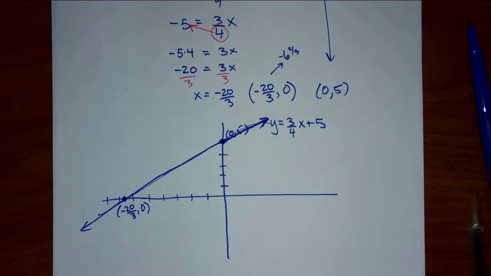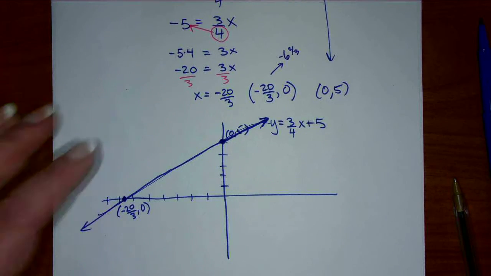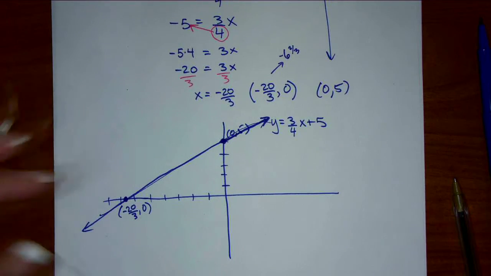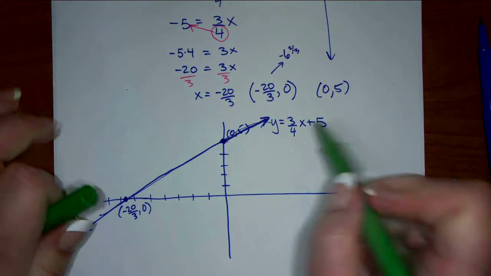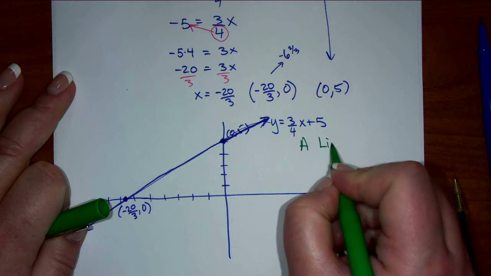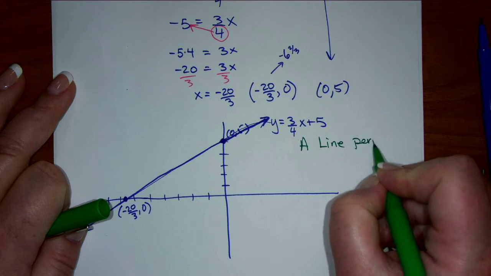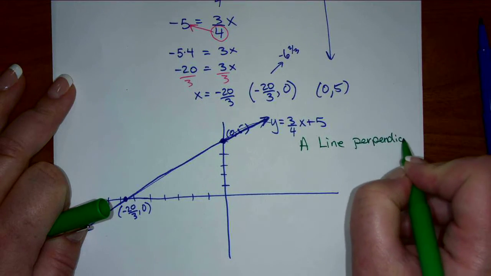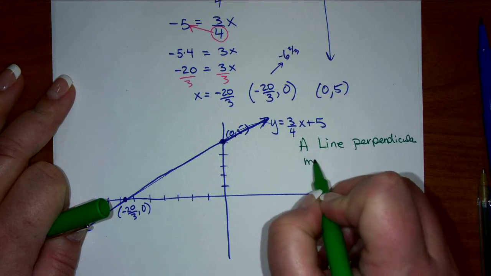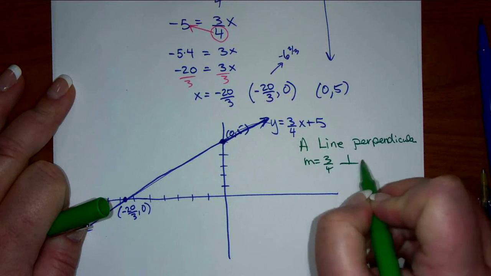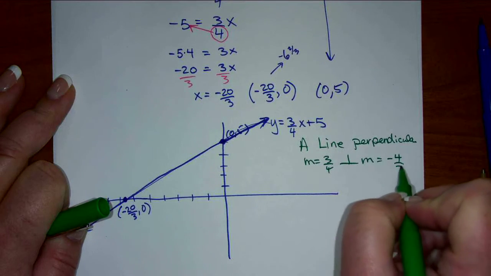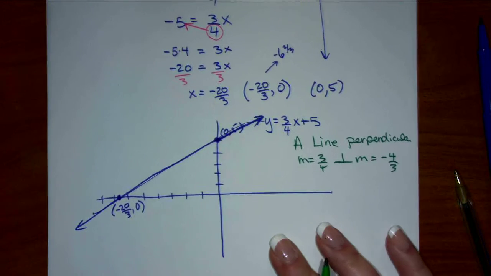So we need a line perpendicular to it. We know the slope of this line is 3/4, so the perpendicular slope is -4/3. So we need to put -4/3 in front of the x in an equation.